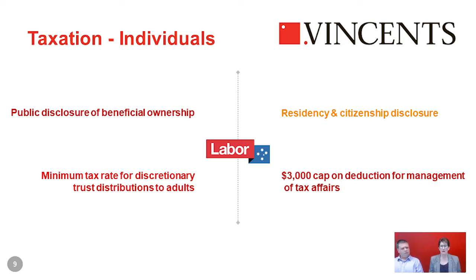If the tax rate of the beneficiary is less than 30%, then the rate that's going to be applied to the distribution will be the 30% rate. It doesn't apply to distributions to minors, but I think that's probably dealt with fairly well within the legislation anyway, and particularly if they also get through the legislation about removing franking credit refunds.